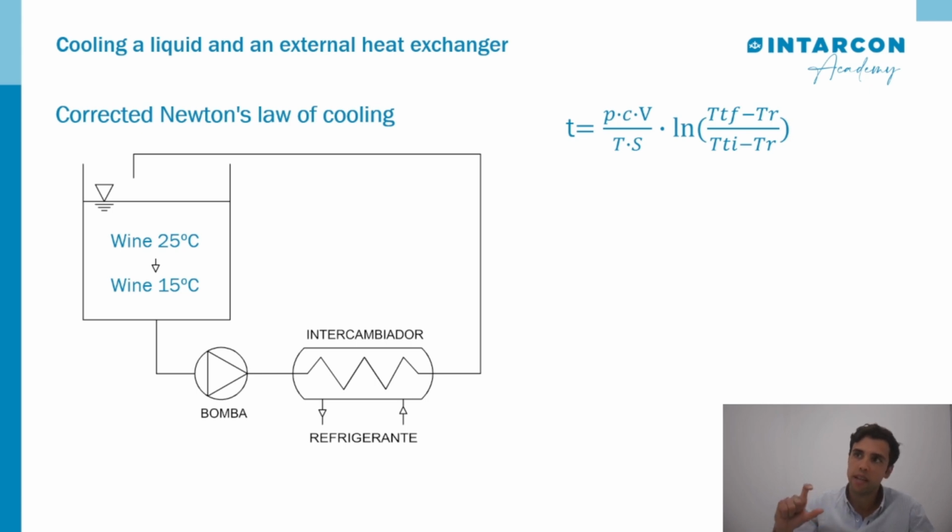We change the K, the global coefficient, to a correction, for a better calculation of the process, that requires, in this case, several iterations to optimize the flow rates and the thermal exchange, to check that the time in which we are going to cool the whole tank is the time that we want. It's very important.